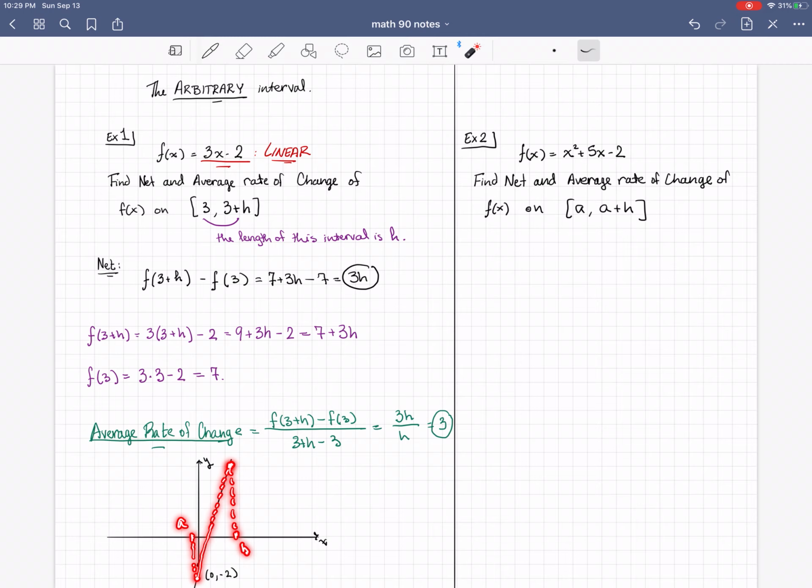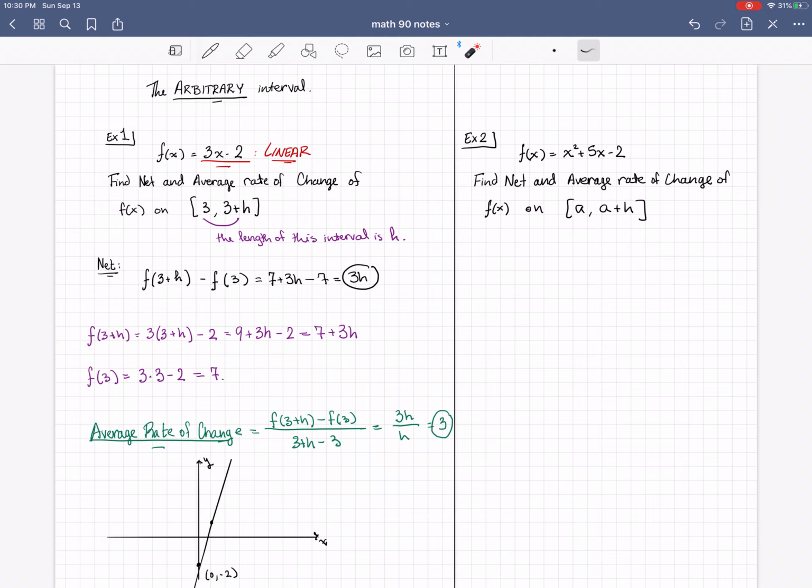So it's a line whose slope is 3. When you have a linear function, no matter what interval you pick, the average rate of change is always the slope of the line that is the graph of that function. But this is only true for linear functions.